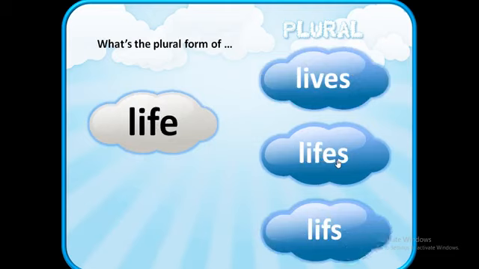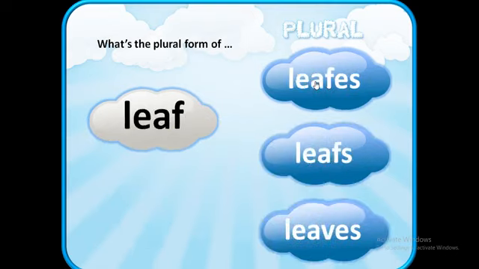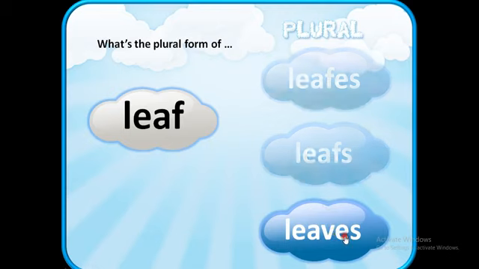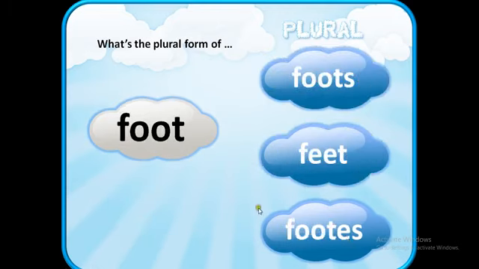Life ends with F. We are going to change F to V, keep the E, then add S. Lives. Leaf ends with F. I'm going to change it to V, then add ES. Leaves.